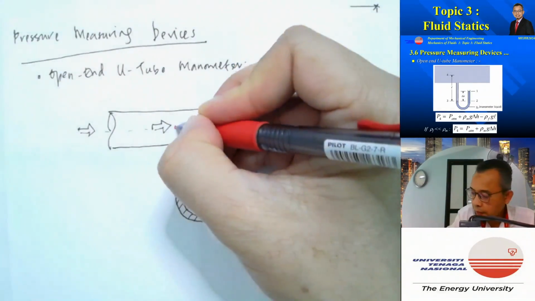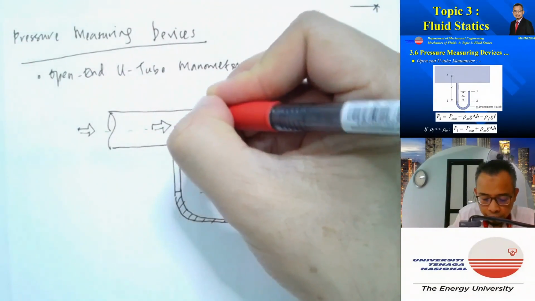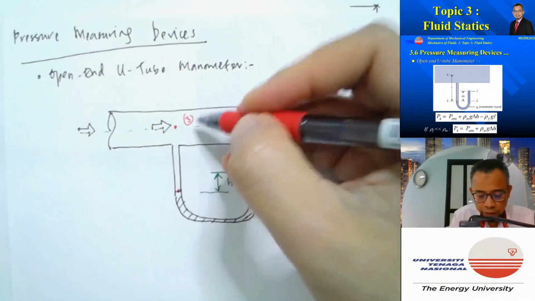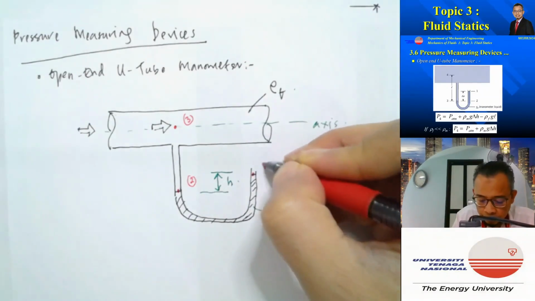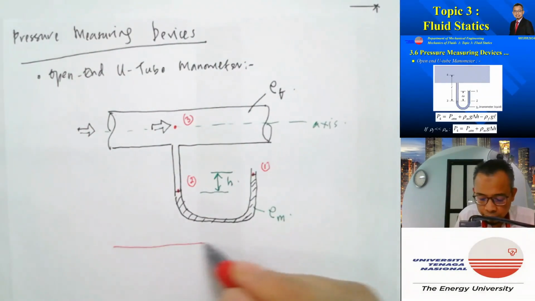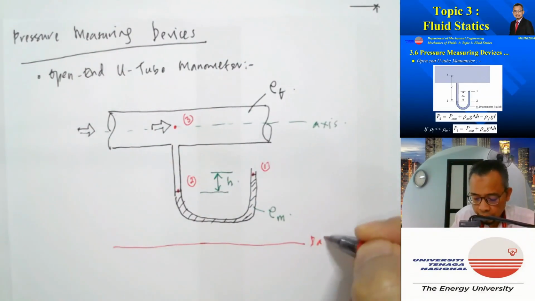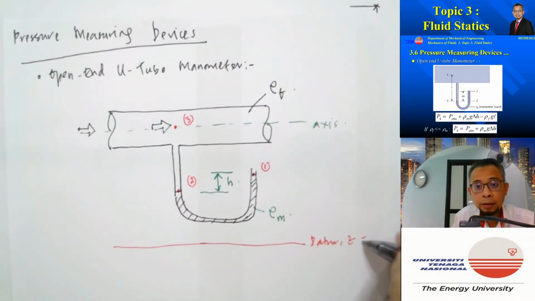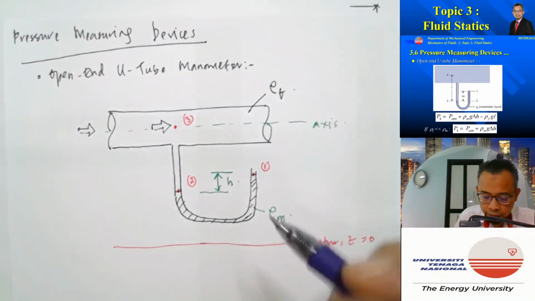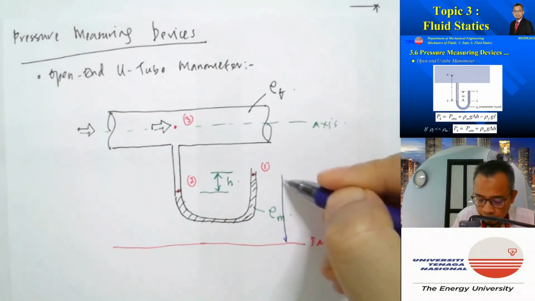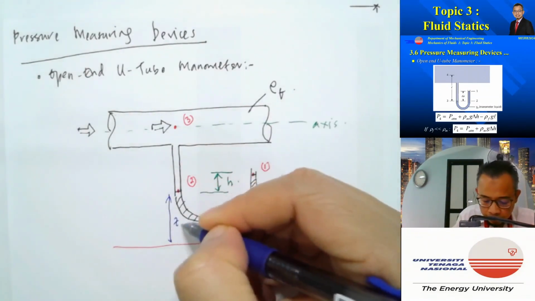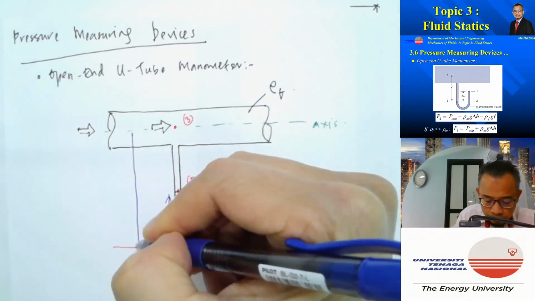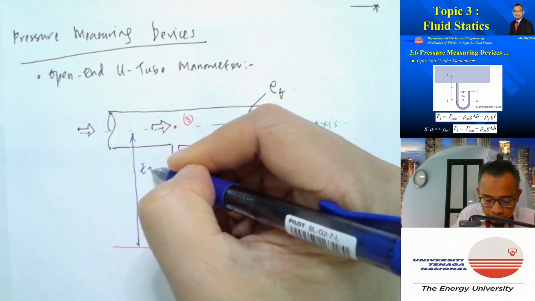And if I define here point 3, where we want to find out the pressure, and this is point 2, and this is point 1, which is open to atmosphere, and I define my datum, where Z is equal to 0, then we can write our Z1, Z2, and Z3.